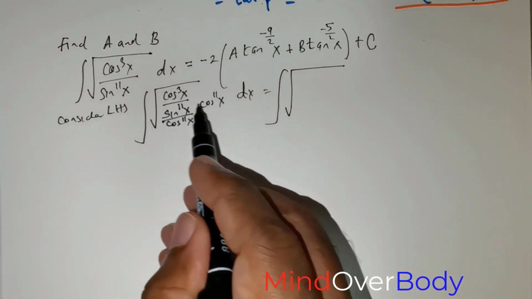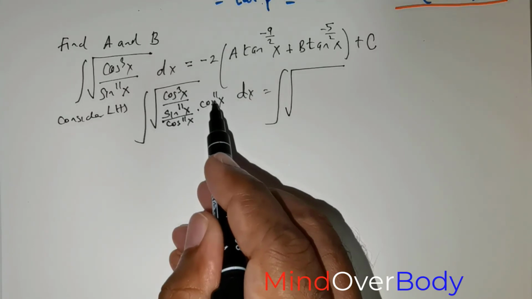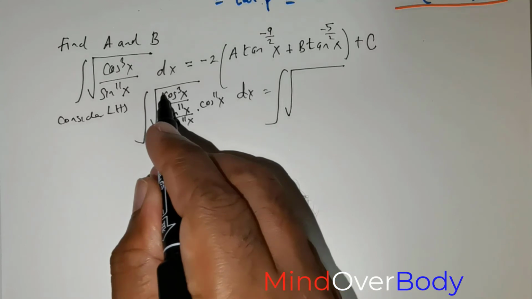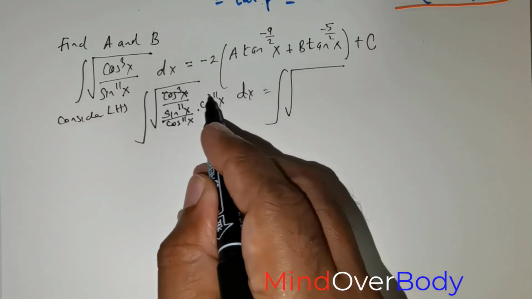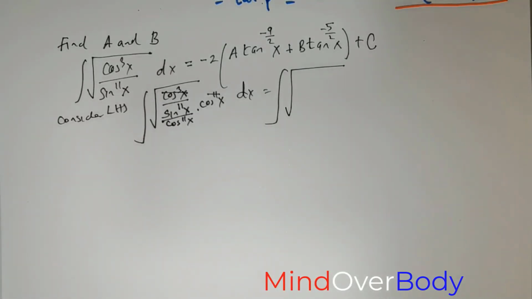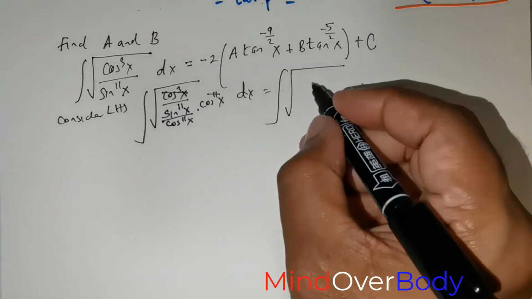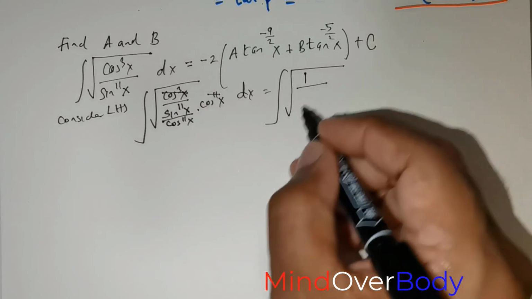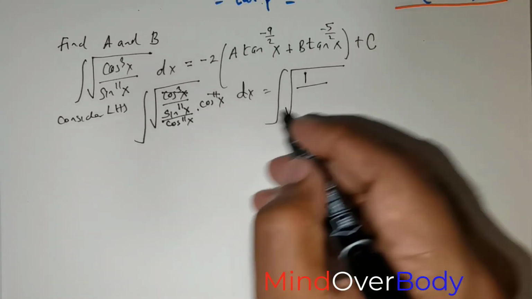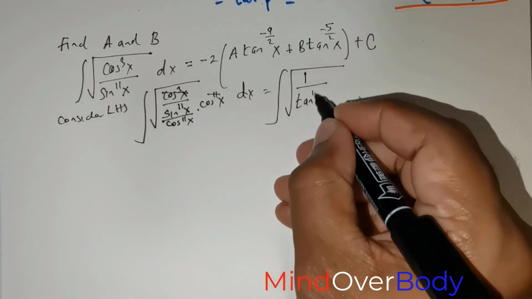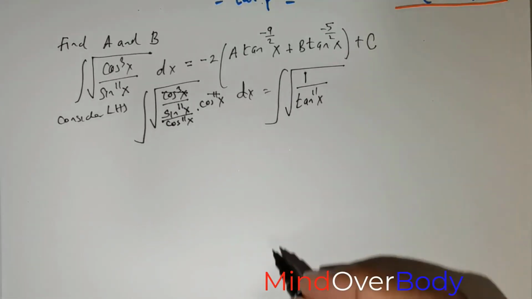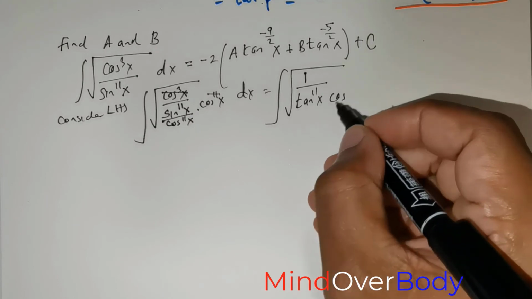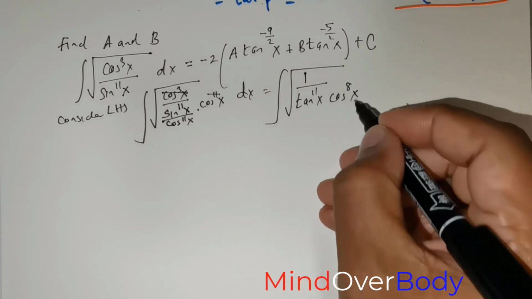Now I got a cos cubed and cos raised to the power of 11x. So what I'm going to do is cancel the terms here. So I'm going to cancel the 3 here, I'm going to cancel the 11 here. So if I were to do that, I would get 1 over, so let me write this down, 1 over tan raised to the power of 11x, and this is going to be cos raised to the power of 8x.